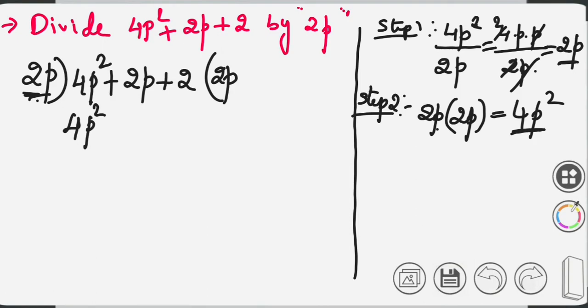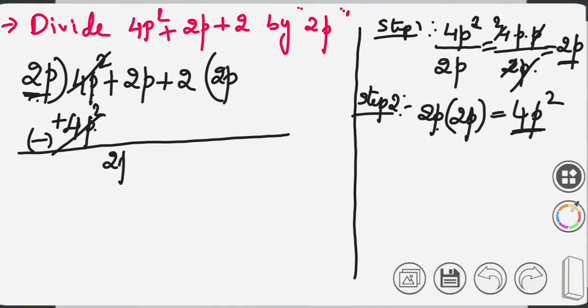P square is there, so under p square only you have to write p square. Now while doing the subtraction, this is plus 4p square. Change the symbol, that becomes minus 4p square. This one will get cancelled. So you will get 2p plus 2 here.